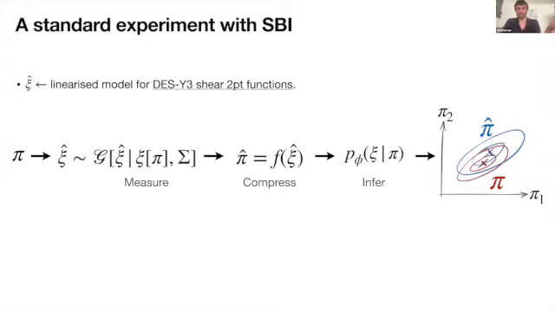We then compress this data vector, which is very much standard practice in cosmology and SBI as well. And then we train a generative model on a suite of simulations, a Latin hypercube of different cosmologies, to obtain a posterior here. So in red, I have this true posterior, just a cartoon of course, but in blue, I have the posterior obtained with SBI centered around some estimated parameters here.